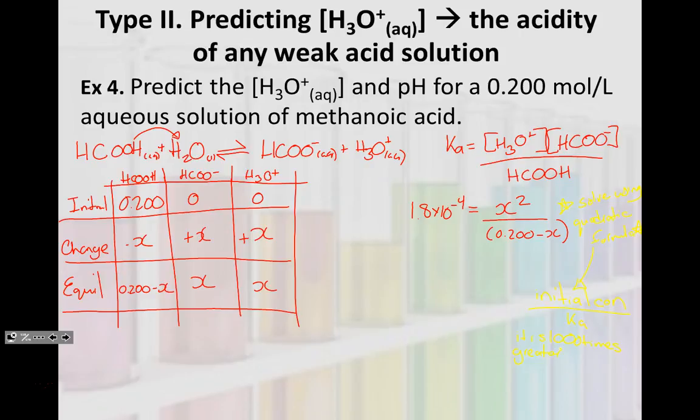Okay. If it's 1,000 times greater, you assume the equilibrium concentration is the same as the initial. The equilibrium equals the initial concentration.